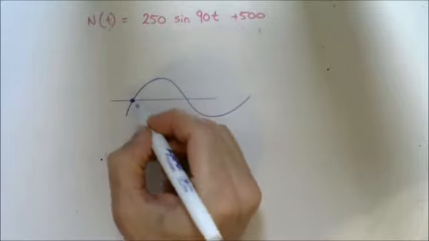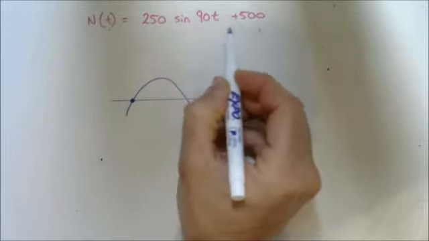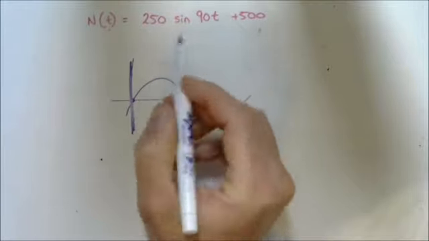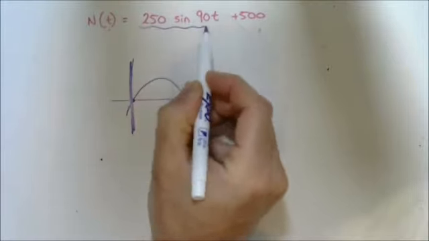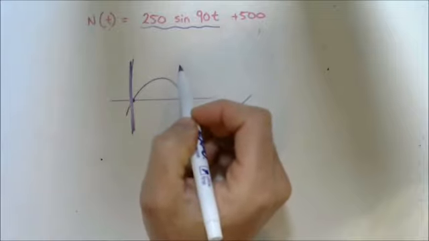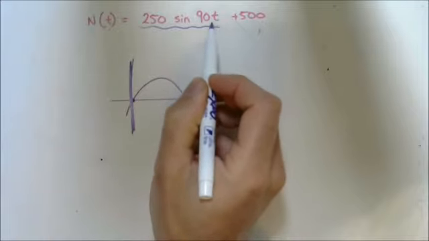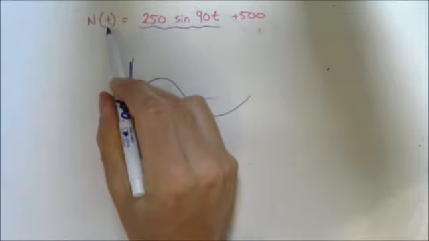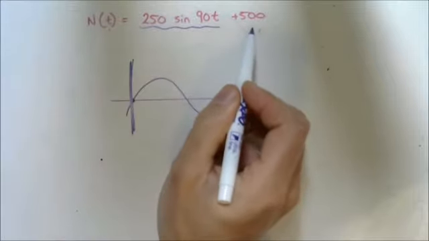Well, we're right here because there's no phase shift in this equation. So this whole portion of the equation becomes 0, right? Because 0 times 90 is 0. The sine of 0 is 0. And 250 times 0 is 0. So all we're left with, if t is 0, is positive 500.